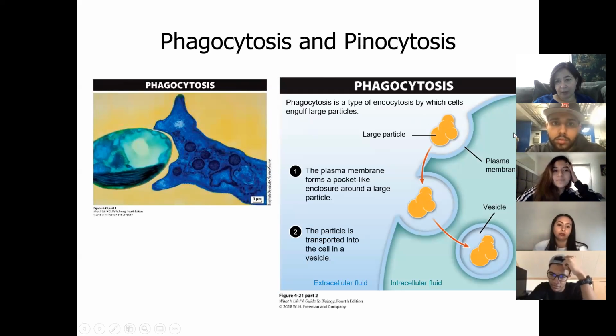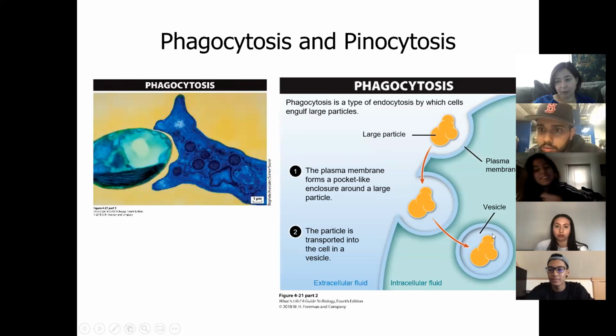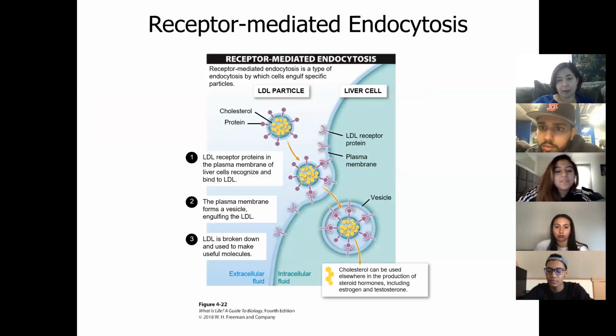The cell membrane is very flexible. It can make a pouch, like a pocket, loaded with the delivery and take it in. This bubble with the molecules is called a vesicle, a transportation vesicle. So cells take in big deliveries by folding the membrane, loading it into the vesicle and taking it in.